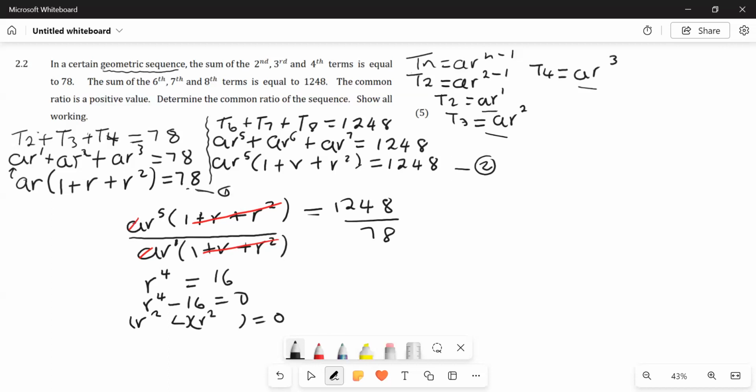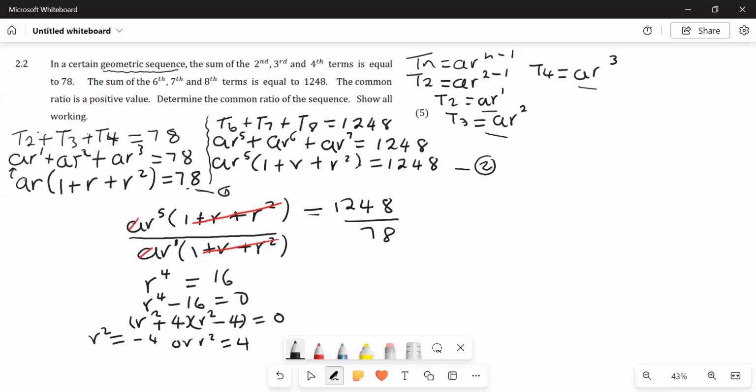So I prefer transposing and factorizing using difference of two squares. So therefore, our r squared is equal to -4, or our r squared is equal to 4.